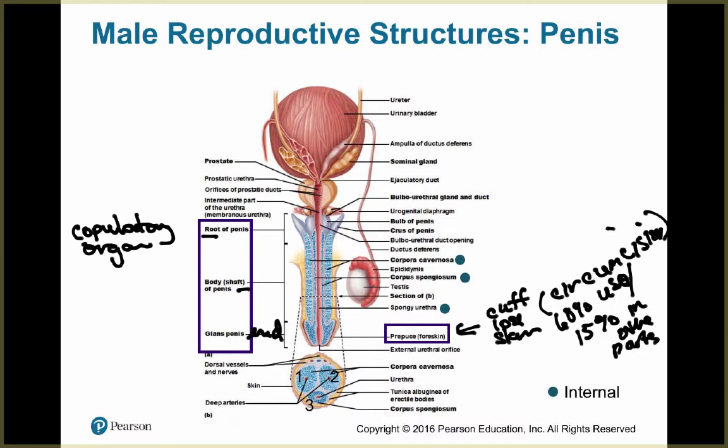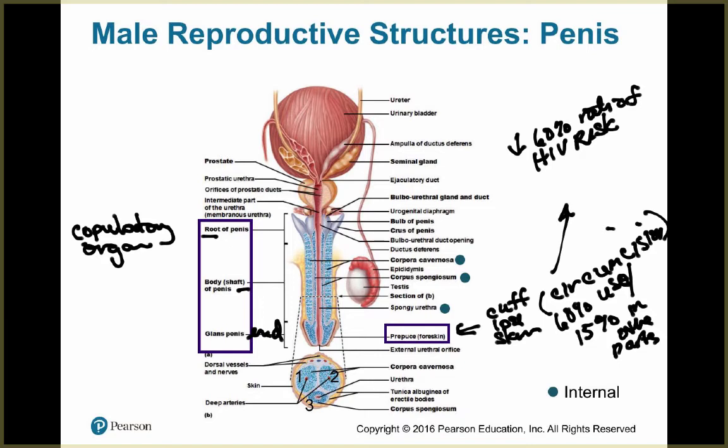Now, there is striking evidence out there that says that circumcision can actually help reduce the rate of HIV risk by 60%. And it can actually reduce other reproductive infections.